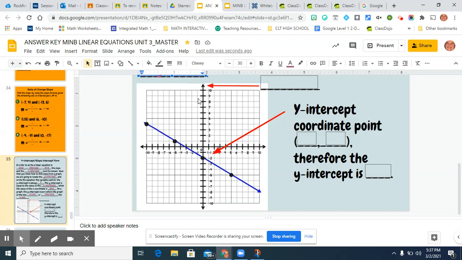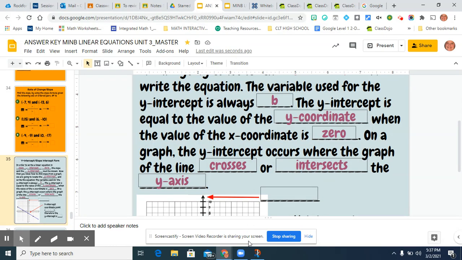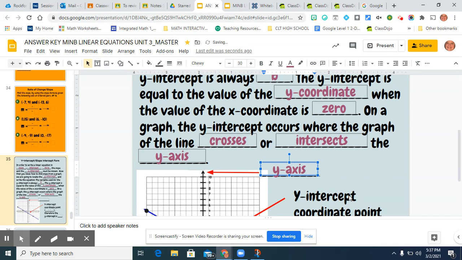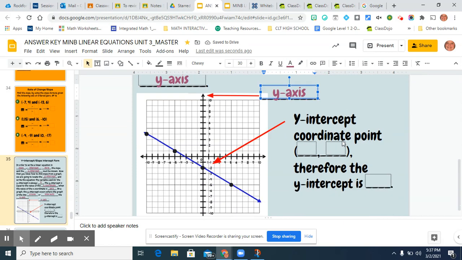Alphabetically, x comes before y, and in the morning, you're always laying down before you stand up. So the axis we're focused on is the y-axis, and the y-intercept coordinate point is where the line of the graph intersects or crosses over this y-axis.